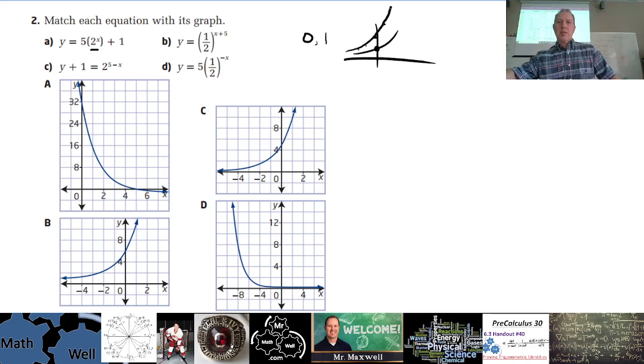This one stretches up like that. So the 0, 1 becomes 0, 5. And then it's up one more, so it looks like it goes up to 0, 6. So is there something close to 0, 6 here? This one's close to 0, 6, so that looks pretty good. Okay, a horizontal asymptote would be at y equals 1, which looks pretty close there too. So it looks like A is B.